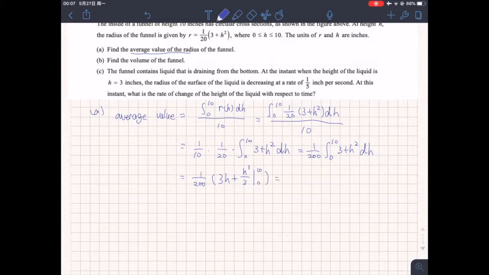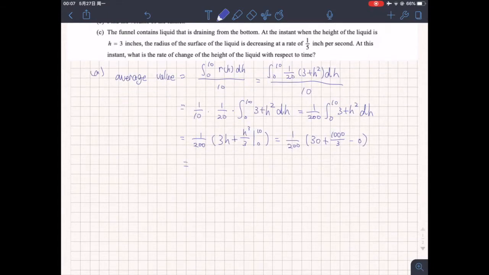We get 1 over 200 times (30 plus 1000 over 3 minus 0), and then we simplify it. We get 109 over 60 inches. And that's the answer to our problem A.